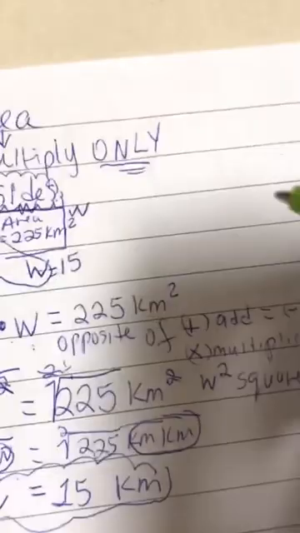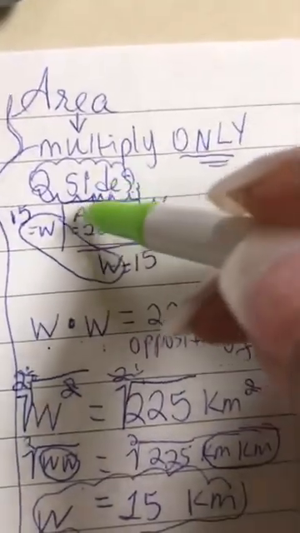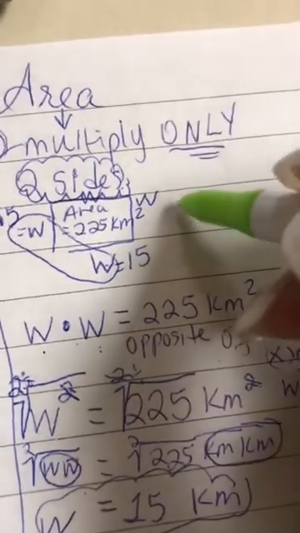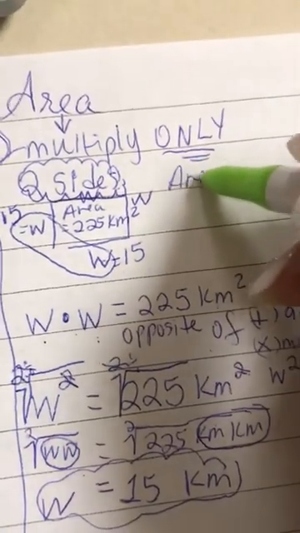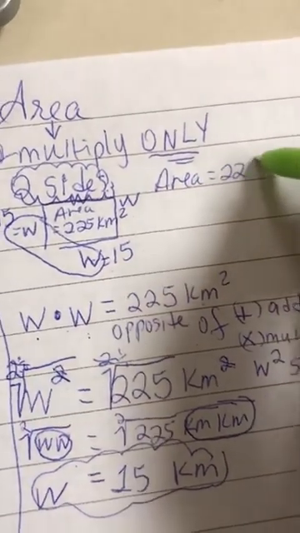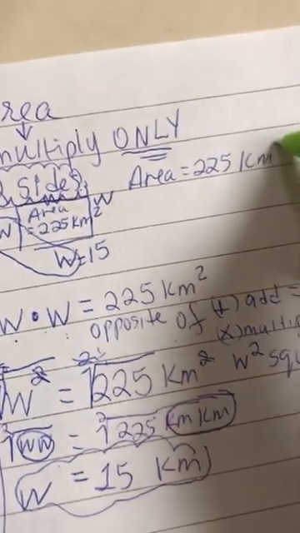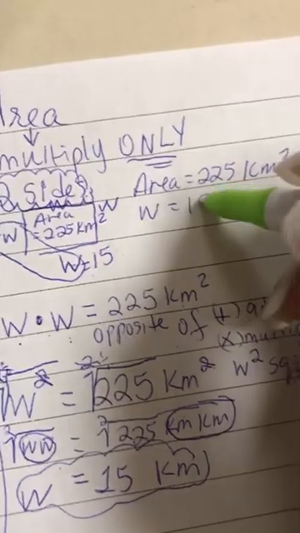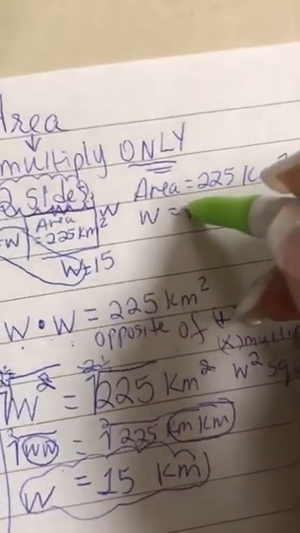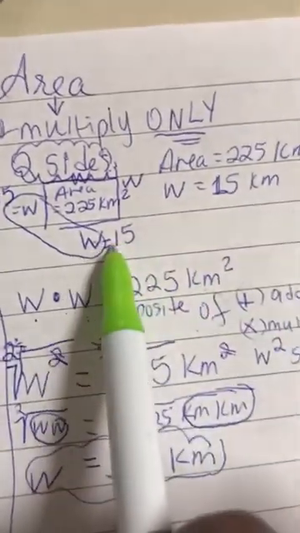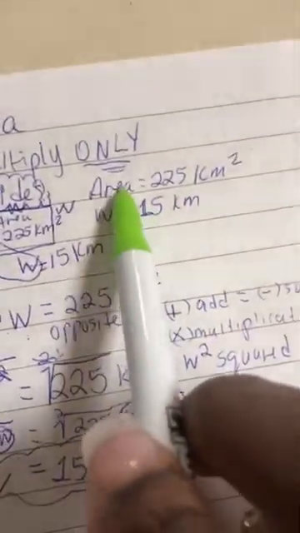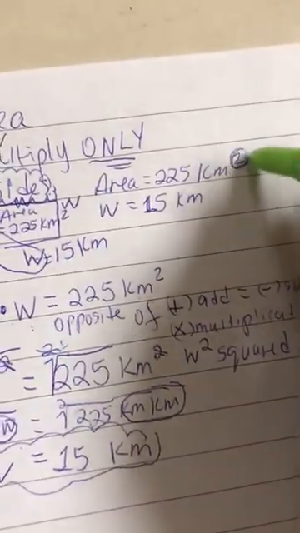The perimeter, remember to find the perimeter, we would have to add 15 plus 15 plus 15 plus 15. So let's do that. We're going to say the area is 225 kilometers squared. W is equal to 15 kilometers. And notice that the side is not kilometers squared, it's just kilometers. Area is the only one that has this little squared in the air.